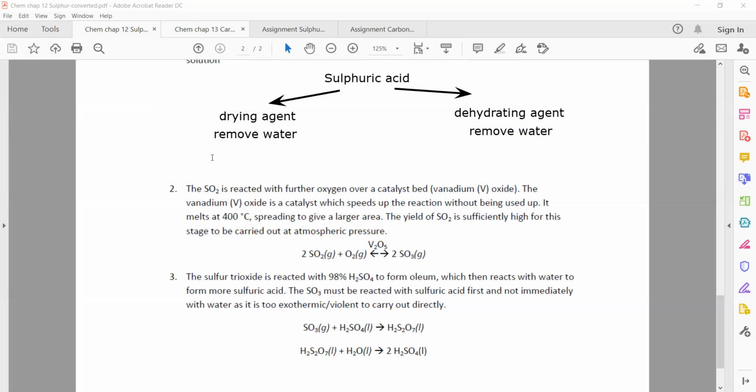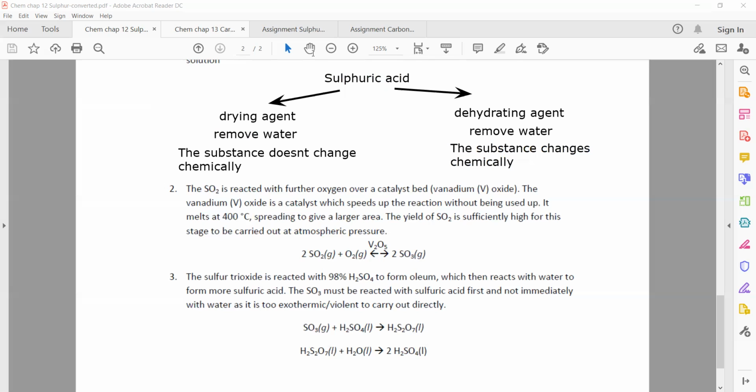In the first case, when we use something as a drying agent, the substance does not change chemically. Not about sulfuric acid, the other substance. And when we are using it as a dehydrating agent, the substance changes chemically.